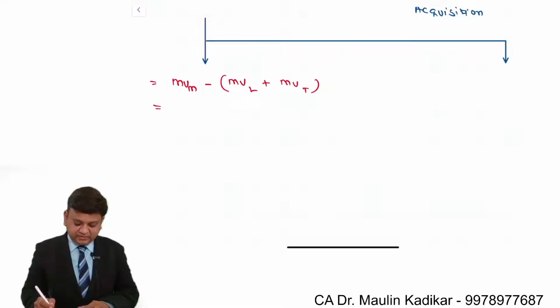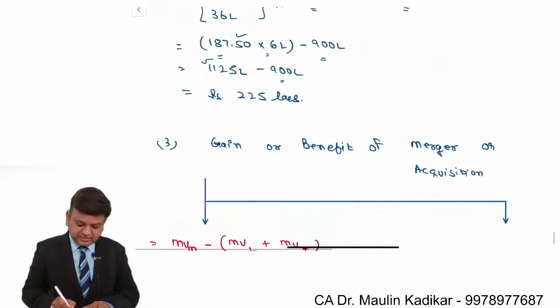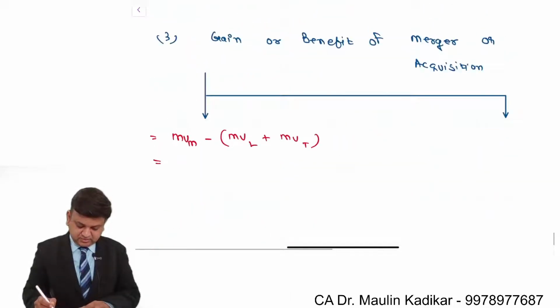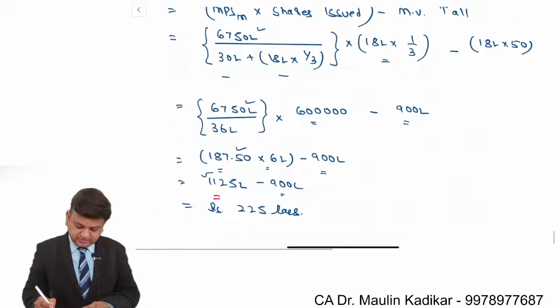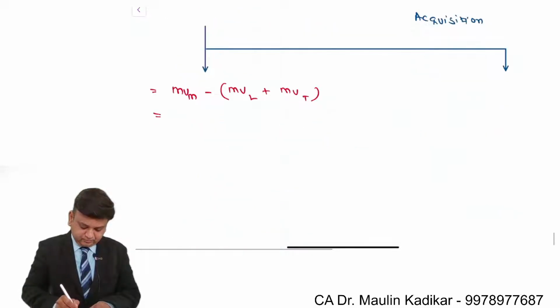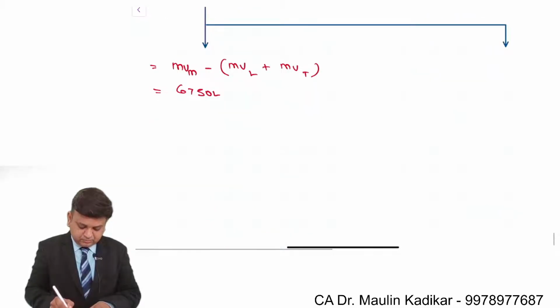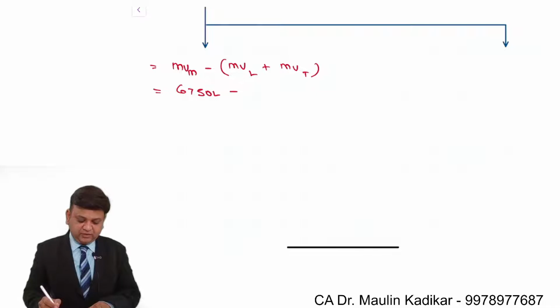What is market value of the merged firm? It is an amount of rupees 1125 lakhs. I'm sorry. It is 6750 lakhs. Minus market value of Long Ltd is 30 lakhs into 180.